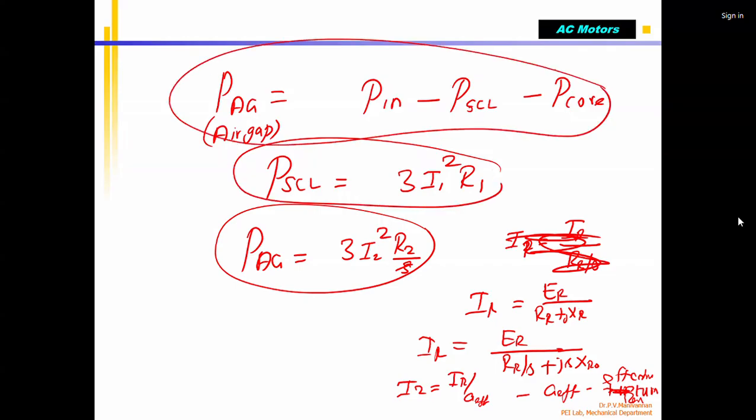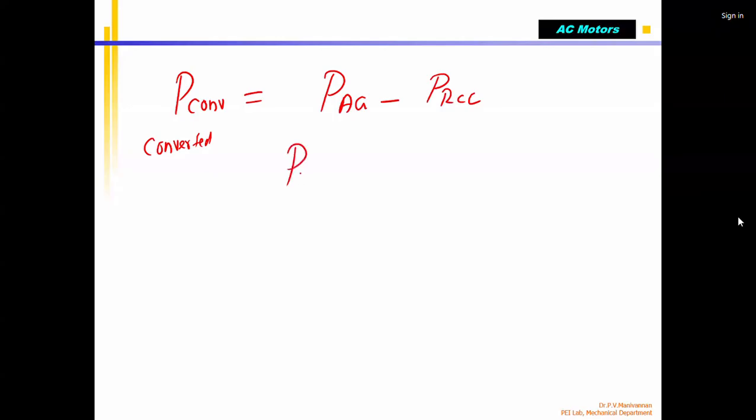Now, the next one is called PCNV. CNV means converted, power converted from electrical to mechanical. P convert is PAG minus PRCL. Okay, PRCL equal to 3 into I2 square into R2.